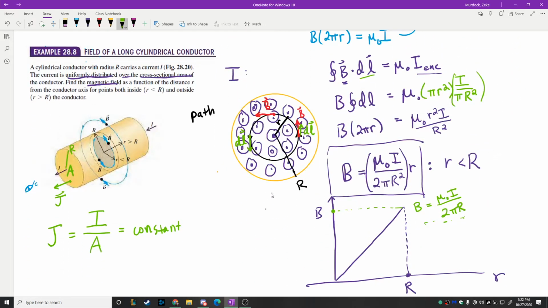And then as you go outwards, if you want to write what the magnetic field is once we get in this region right here, well then at that point, the current enclosed is just going to be I. Big R will go into this piece right here. And so for the region where you get outside of the wire, your answer is just going to be mu naught I over 2 pi r. And that's in the region where little r is greater than R. And they match at the boundary.